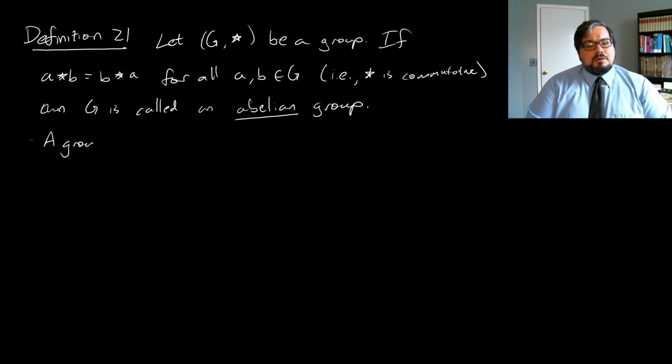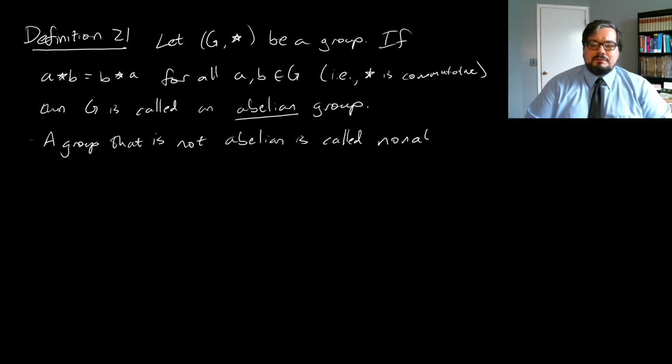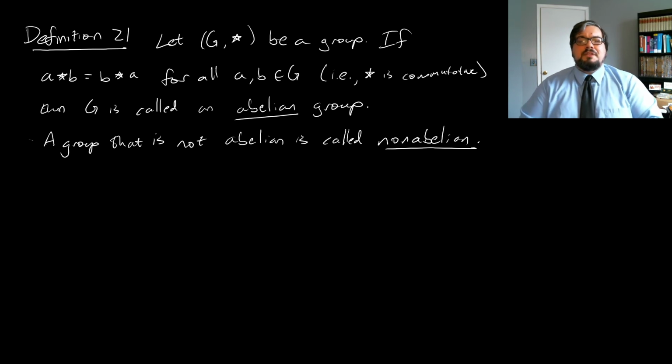A group that is not abelian is called non-abelian. One of the big questions that you often want to ask when you look at a group is this: is it an abelian group or a non-abelian group?